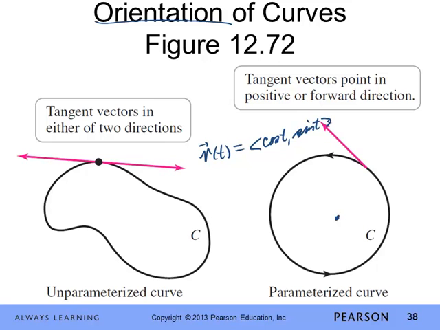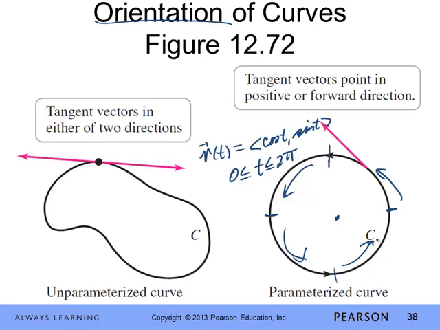Now, for this one, as say maybe t goes from 0 to 2 pi, we start off here at 0, at t equals 0, and as t increases in value from 0 to 2 pi, it goes in this direction, counterclockwise. At pi over 2, of course, we're up here at 12 o'clock. At pi, we're over here at 9 o'clock. And at 3 pi over 2, we're down here at 6 o'clock. All right, and of course, the whole time we're going counterclockwise.